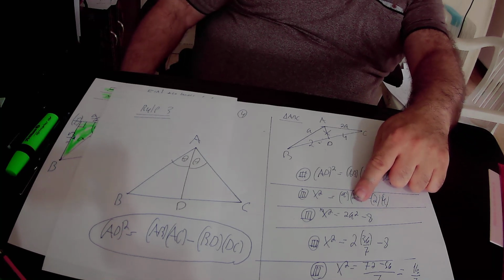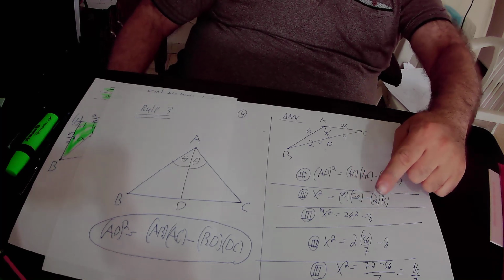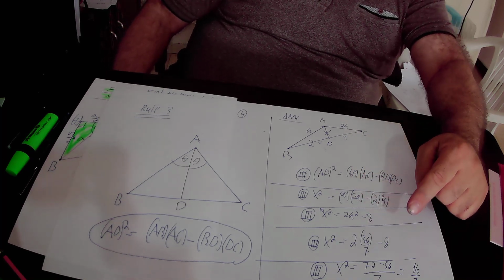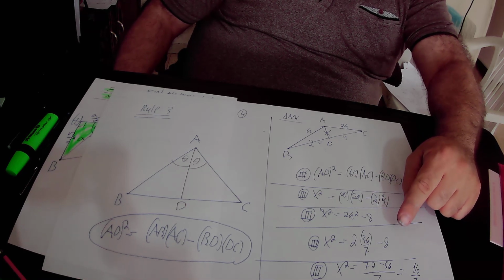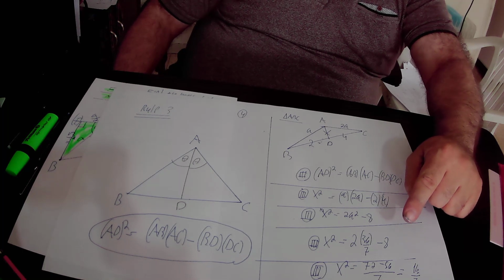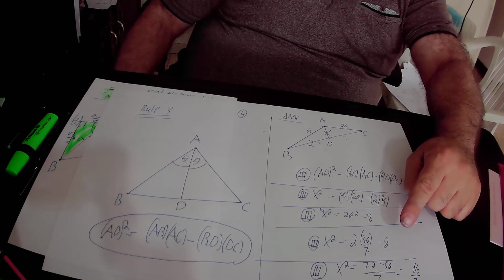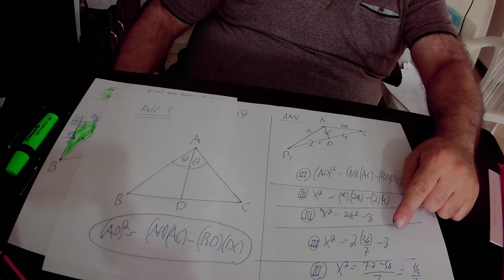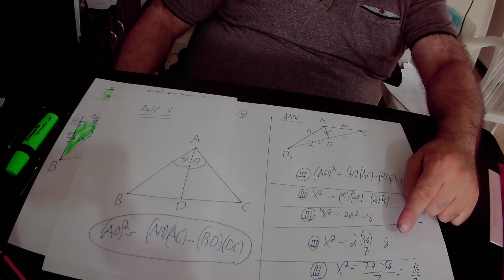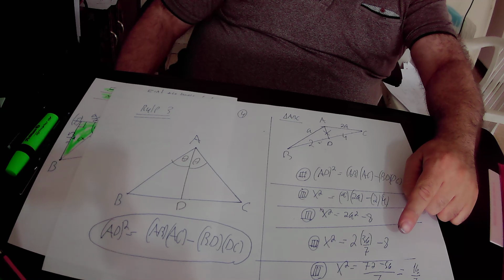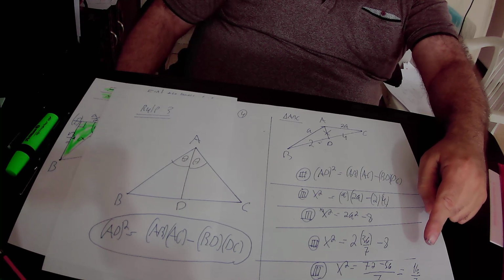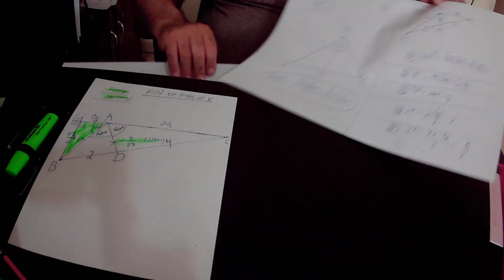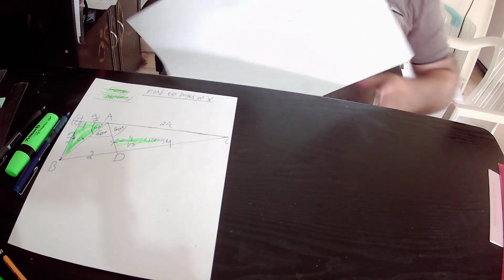But a squared equals 36 over 7, so we substitute a squared by 36 over 7, and we got that x squared equals 2 times 36 over 7 minus 8. 2 times 36 is 72, and here we multiplied 8 by 7 and divided by 7, and we got that x squared equals 72 minus 56 over 7. 72 minus 56 is 16, so x squared equals 16 over 7.